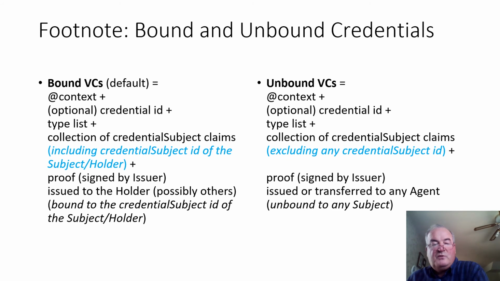Both of them need a proof that's issued by an issuer. Both are held by the holder. More specifically, bound credentials can only be held by the holder. They're bound to the ID value of the subject credential.